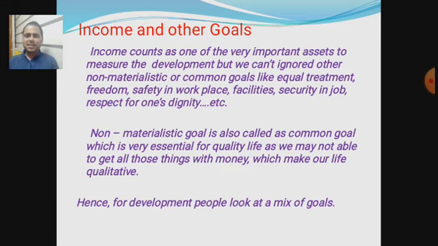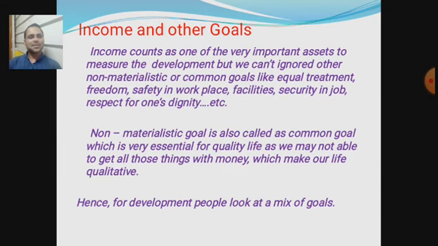This includes equal treatment, freedom, safety in the workplace, various facilities, such as transportation, electricity, education, healthcare facilities, job security, respect for one's dignity, etc. So all these collective things, when people are able to enjoy them in their life, it is counted or calculated as what? A development or a progress. No?